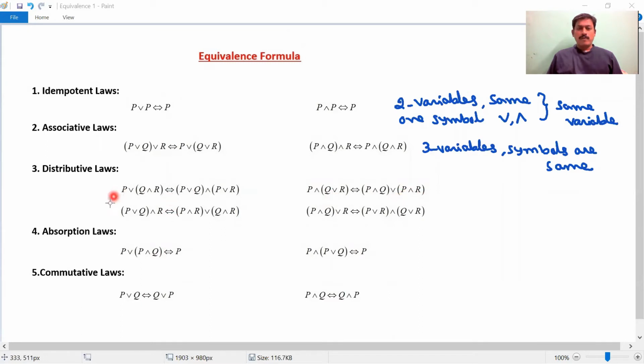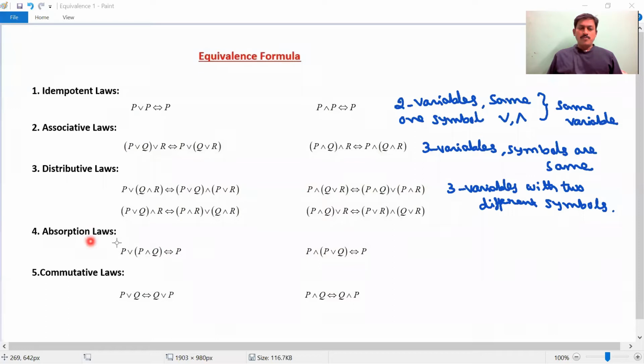Another way of representing the distributive law: (P and Q) or R equivalent to (P or R) and (Q or R). Dual of this is (P or Q) and R equivalent to (P and R) or (Q and R). How to remember this? If you observe the formula, three variables are involved with two different symbols. This way we can remember the distributive law.